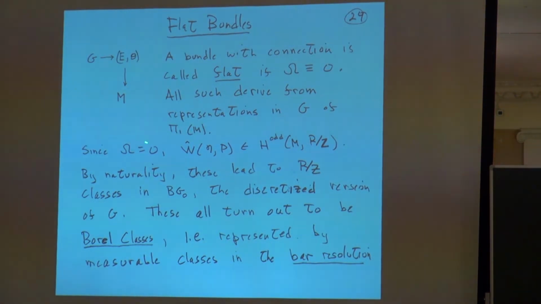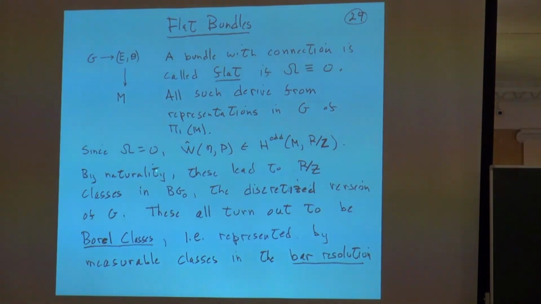And since omega equals 0, the Weil homomorphism of this, they're just going to live in the R mod Z cohomology. So we get all these R mod Z cohomology classes depending on the various characteristic classes of G. And by naturality, these lead to R mod Z classes in the classifying space of G delta.